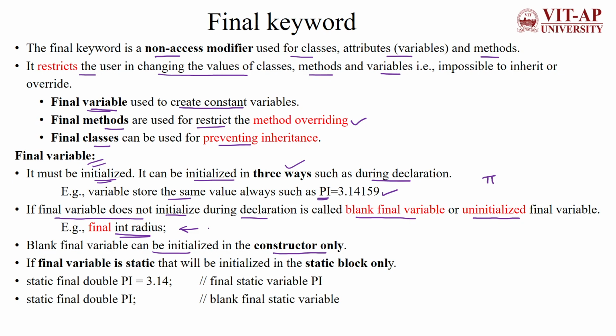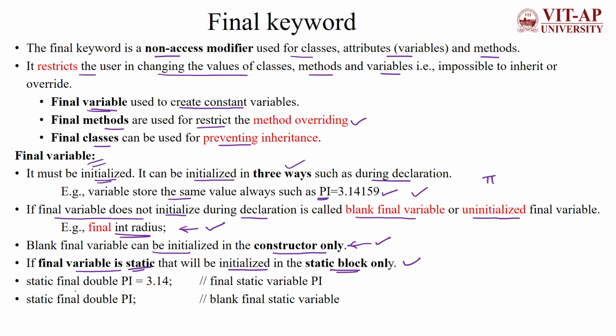That means if a blank final variable is declared, we have to initialize it inside the constructor of the program only. If the final variable is static, then it should be initialized in the static block only. So in three ways we can initialize the value of final variables.